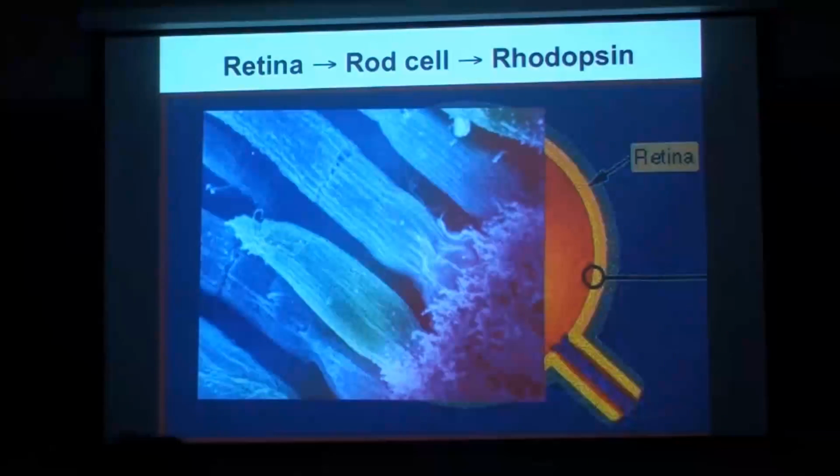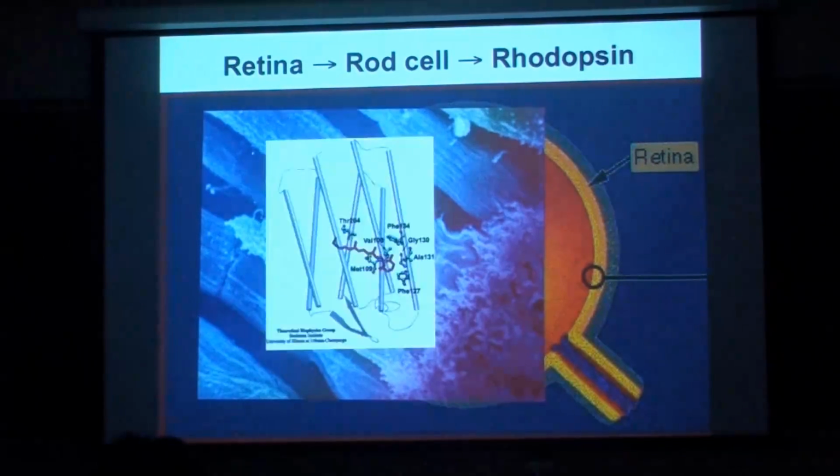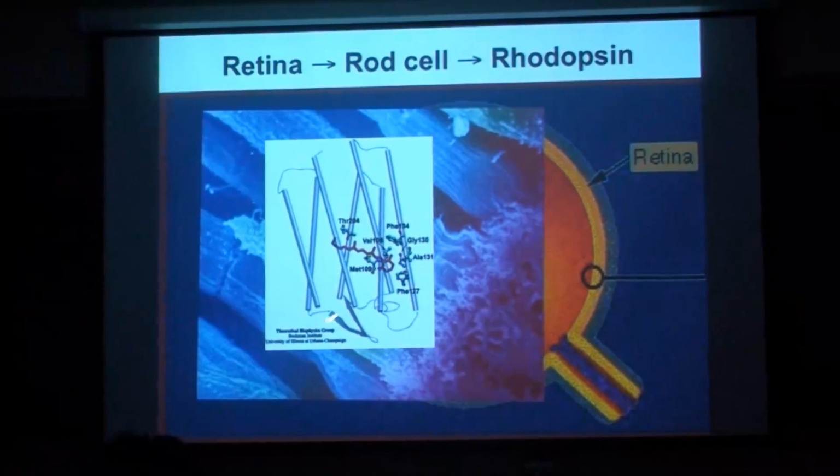And so here are the receptors. The short ones are the color receptors, the cones; the long ones look like cucumbers. Oh, this looks like a cob of corn, and this looks like a long cucumber, the rods. And so they contain those retinal molecules in the form of a protein called rhodopsin.